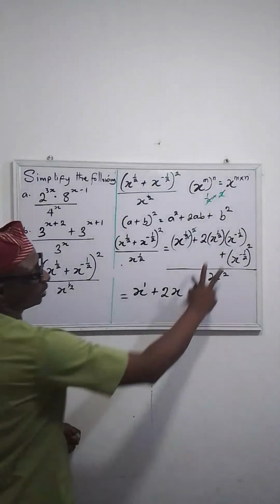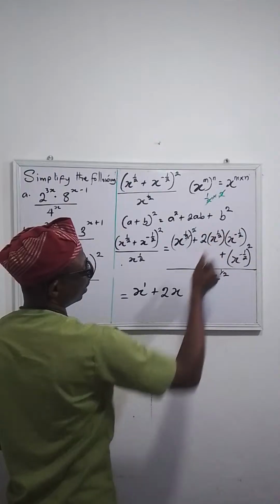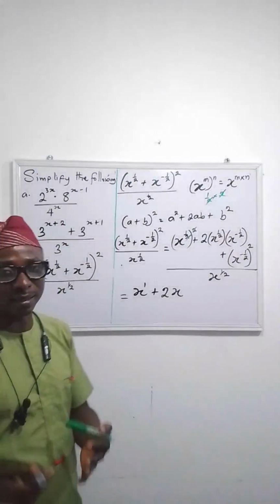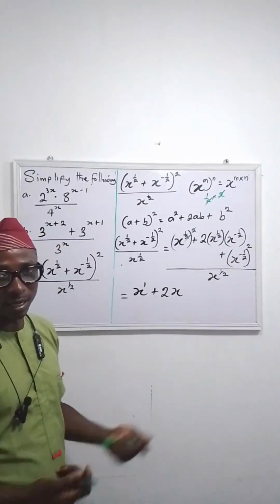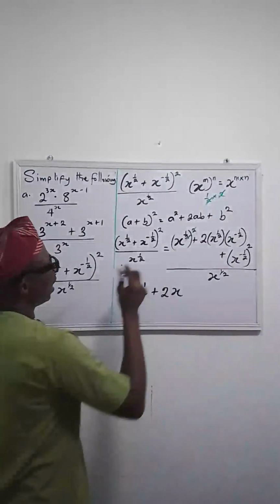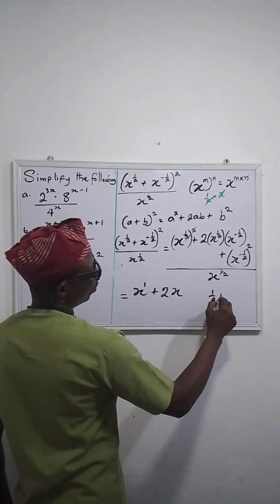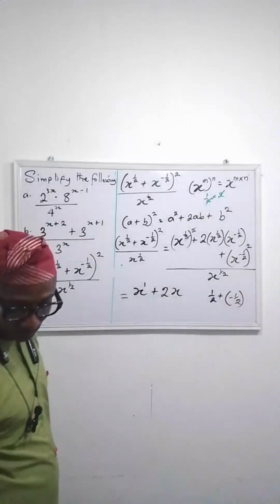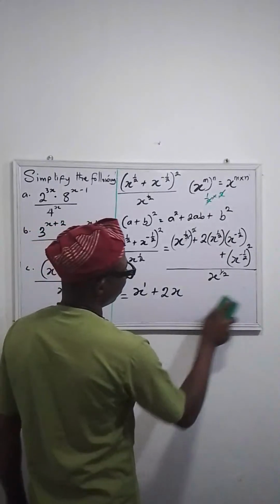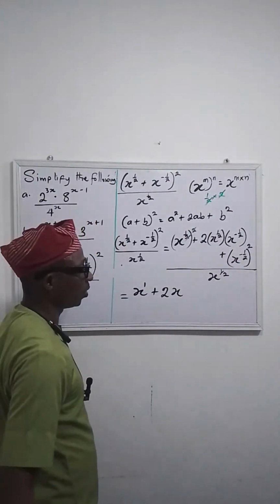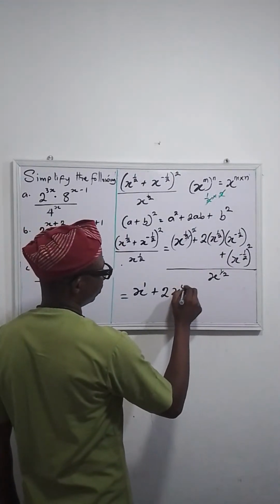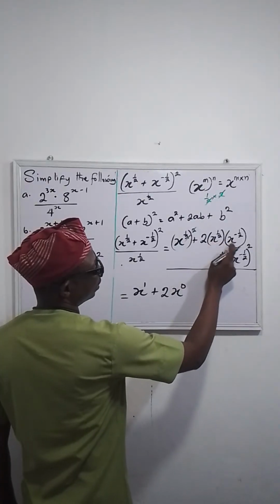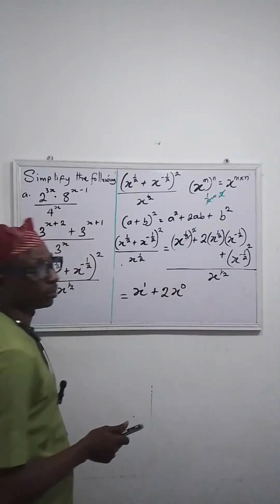So we are adding half and negative half. That gives you 0. So what we have here now is x raised to the power of 0.